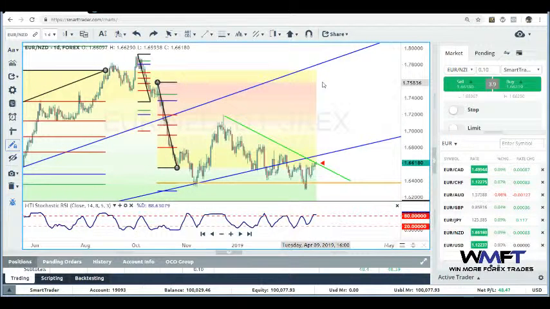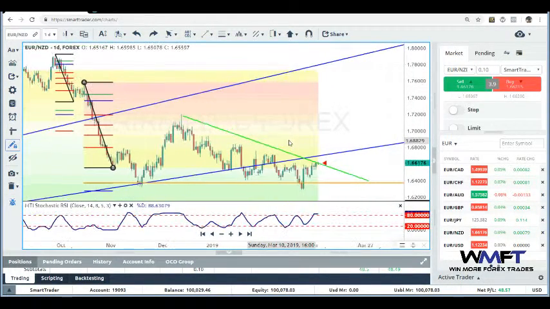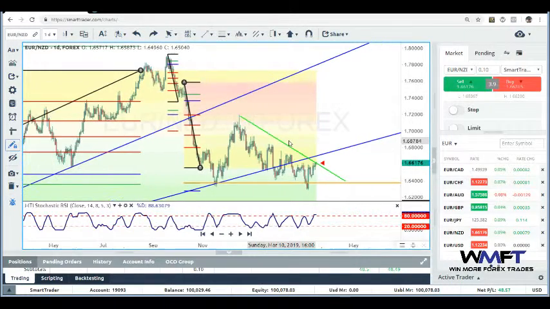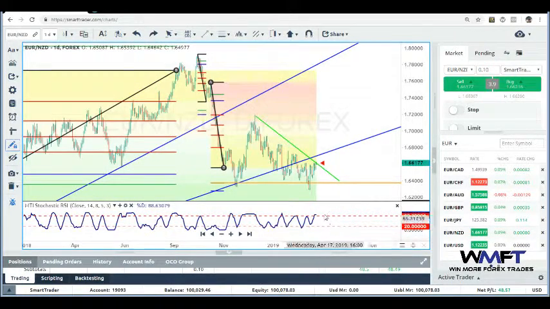With that being said, the market is at a nice high price right now. We are in the sell zone. We have this descending pennant here, and the market could be getting ready to reverse, knowing that the stochastic is overbought at the moment.